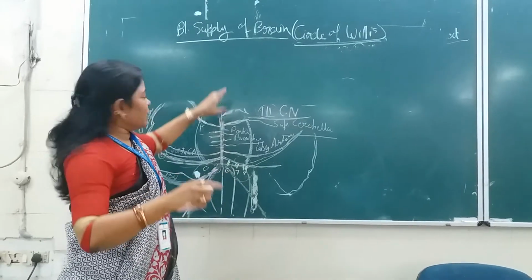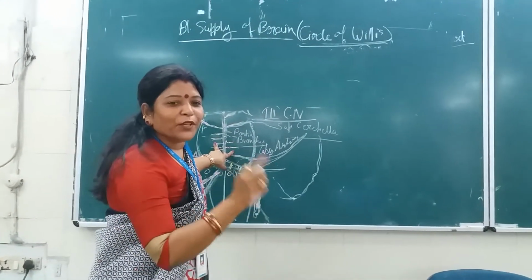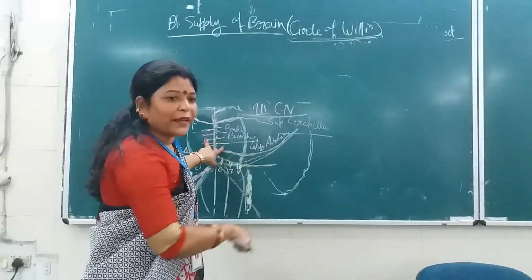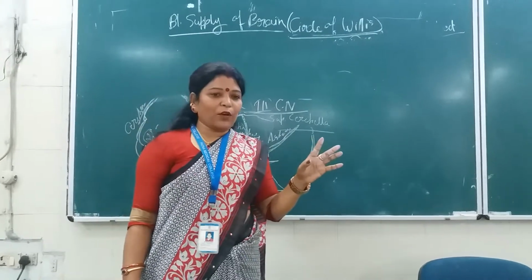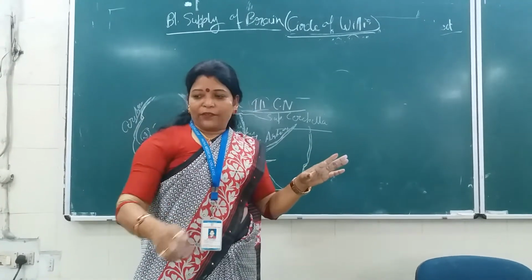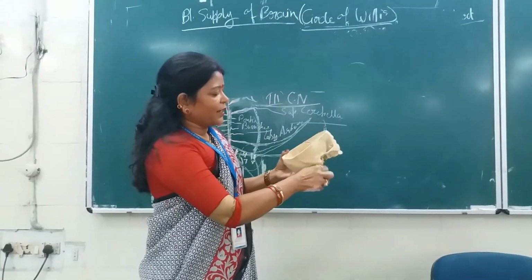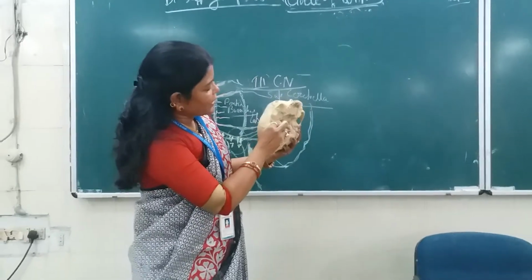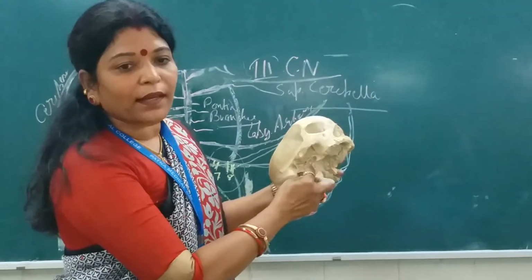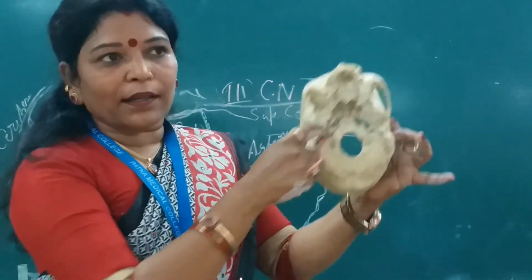One of the paired arteries, the vertebral artery, was going to supply the brain and the spinal cord. Now there should be the role of the internal carotid. We have discussed previously the internal carotid artery. It goes inside the cranial cavity via the external opening of the carotid canal. Here it is, the external opening of the carotid canal.